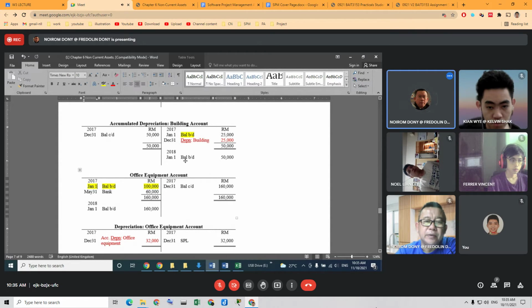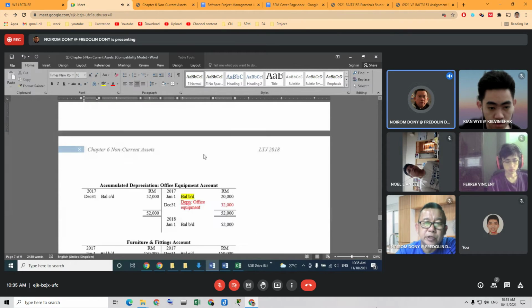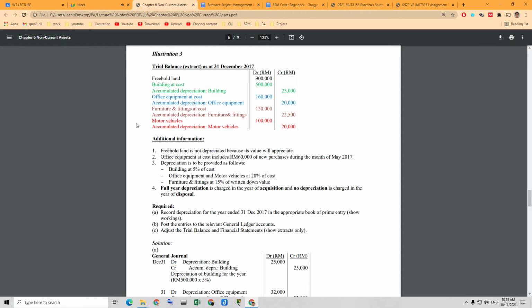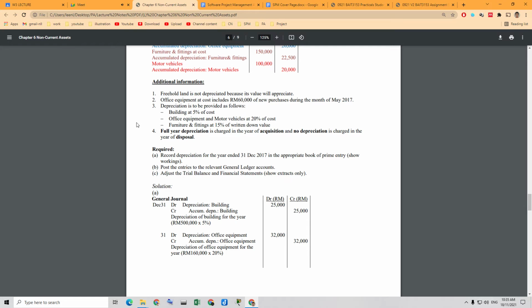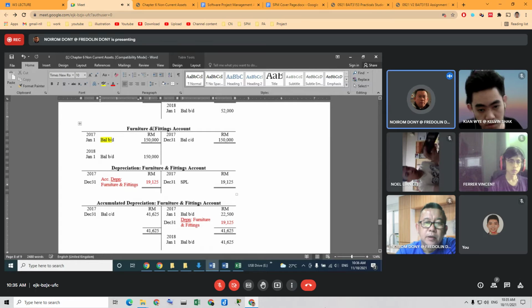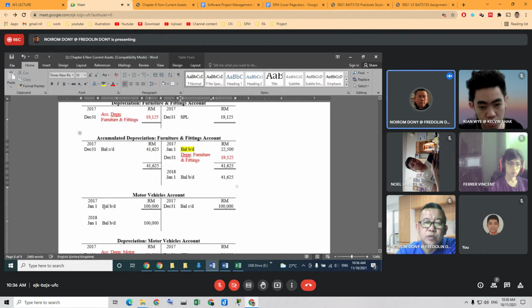And then the accumulated depreciation for office equipment. And then opening balance for furniture. And then accumulated depreciation for furniture and fitting. Record. And the last one is motor vehicle opening balance, debit, and then accumulated depreciation.